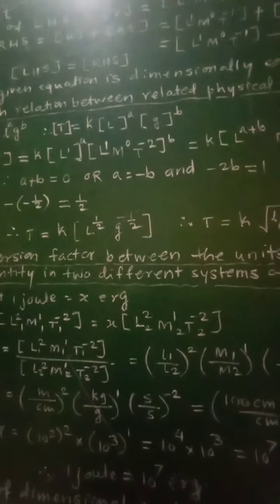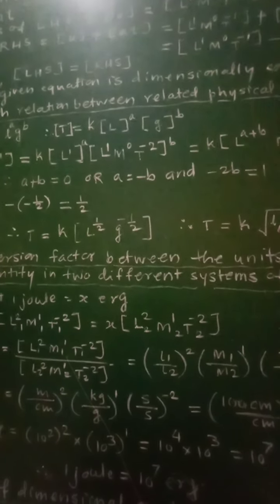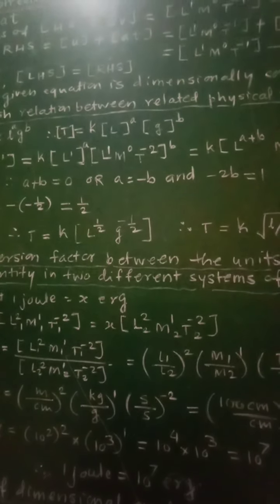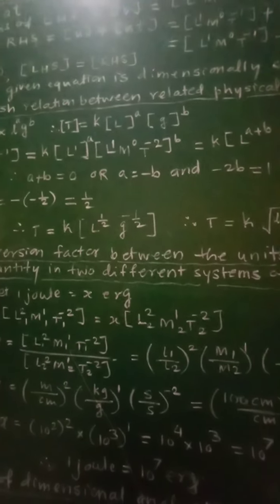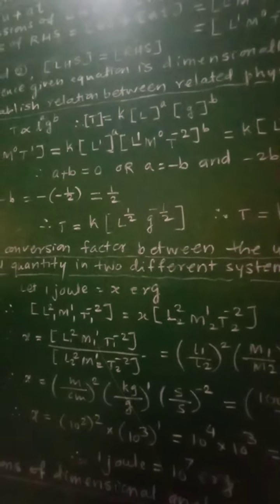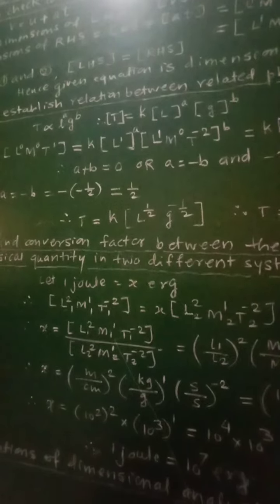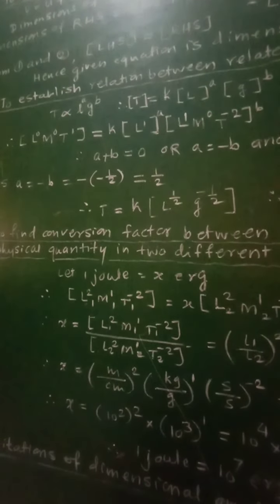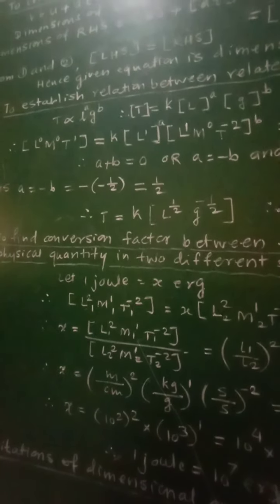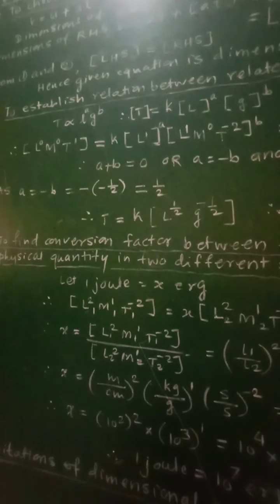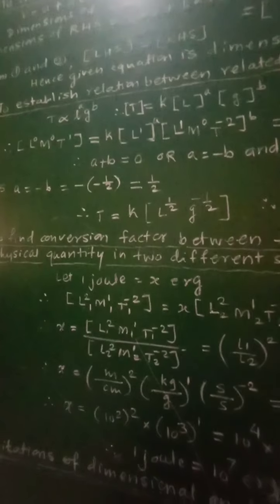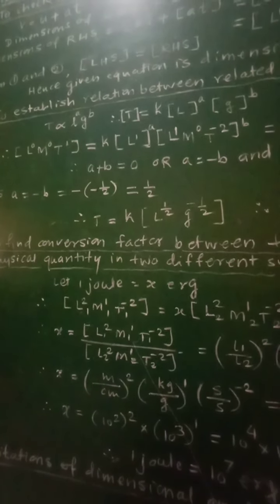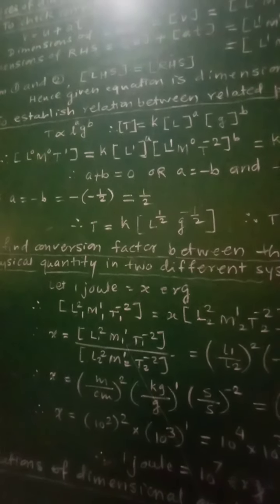Then how will they be related with each other by a conversion factor? That conversion factor can be determined with the help of dimensional analysis. For example, 1 meter equal to 100 centimeter, that means 1 meter equal to 10 raised to 2 centimeter. Now that 10 raised to 2 factor is nothing but the conversion factor between meter and centimeter.